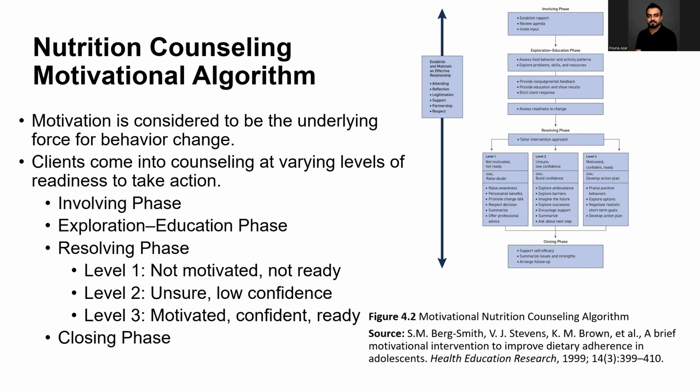And clients come into counseling sessions at varying levels of readiness to take action. So there are two fundamentals, or basics, for this algorithm. The first is motivation as a key factor, as a key force, and then the clients have different levels of readiness. They have different levels of motivation.